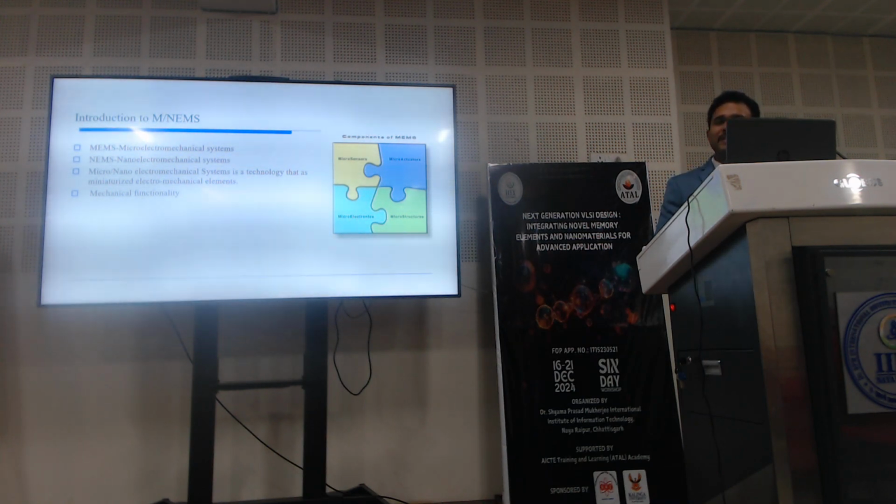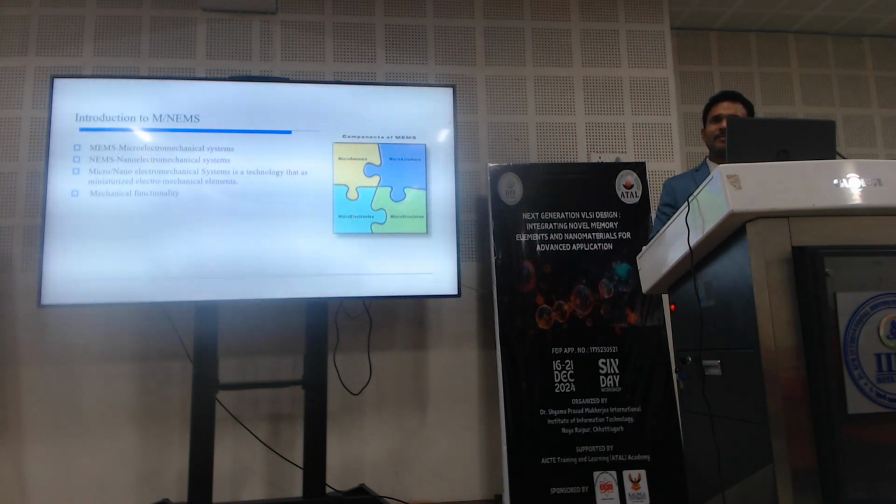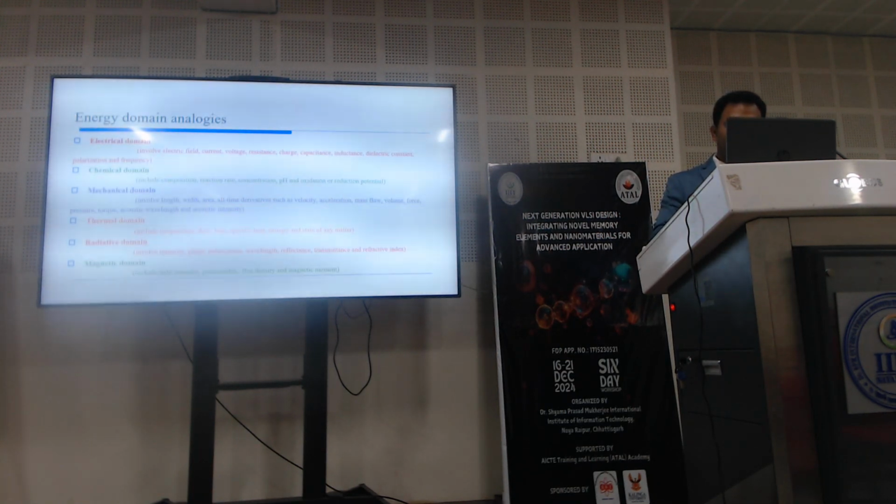MEMS structures can have all kinds of sensors, and not only these things. In the biomedical field, the instant kits we get nowadays all come under MEMS.